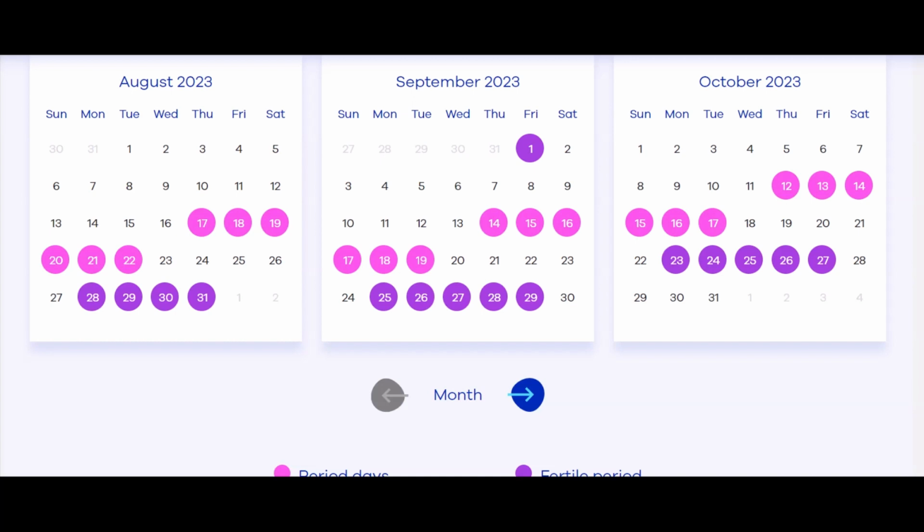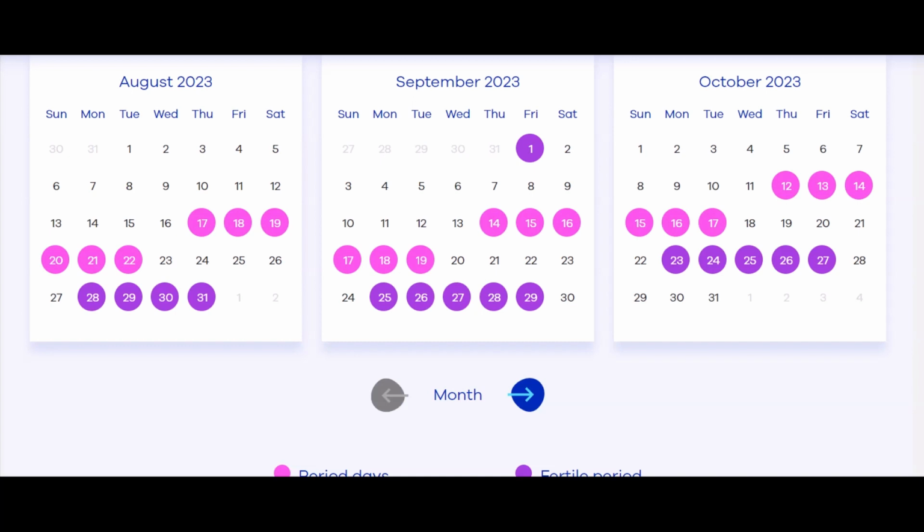Why does the fertile period end on the 1st of September? The fertile period ends on the 1st of September because the egg or the ovum is only able to last for a period of 12 to 24 hours. Okay, and that would be on the 1st.